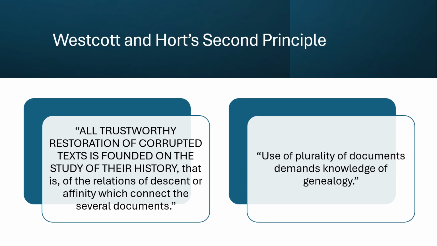The primary goal of the CBGM is to identify these relations of descent, that is, the CBGM's genealogical coherence, or affinity, that is, the CBGM's pre-genealogical coherence.